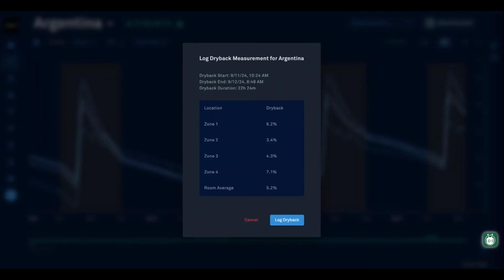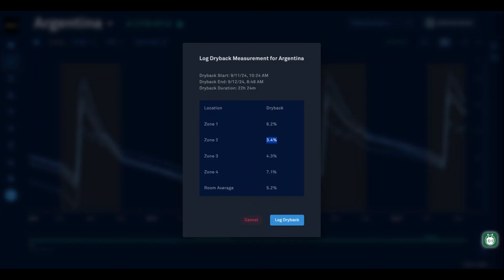Anytime we're working with a big population, we're going to have some variance, some deviation that really makes it slightly more difficult to make these decisions, right? And so I might say, well, I want at least 7.1%. That means my zone 4 plant is going to get back up to field capacity with some non-expected excess runoff.